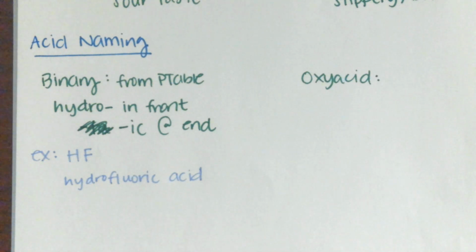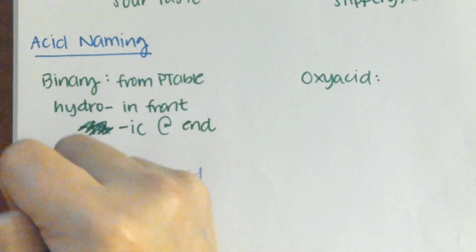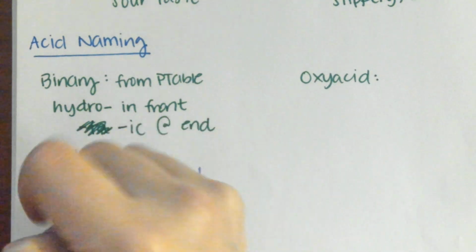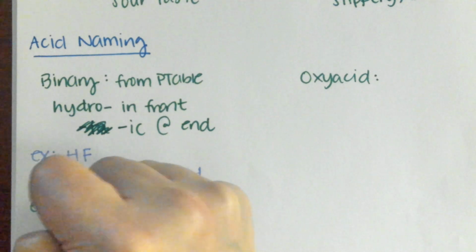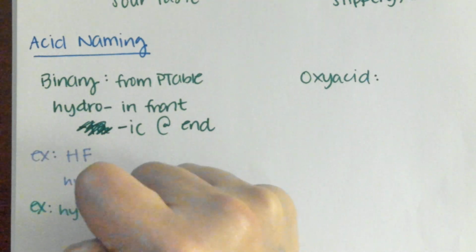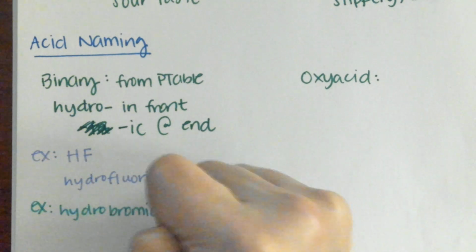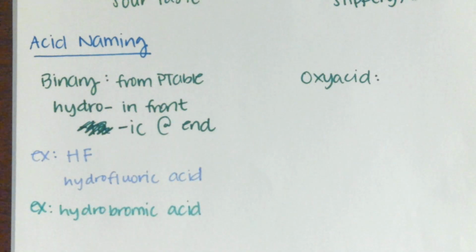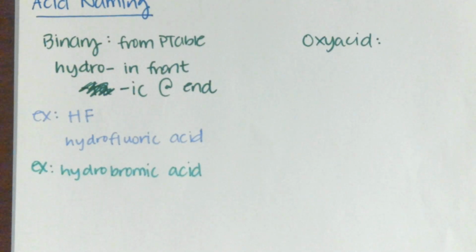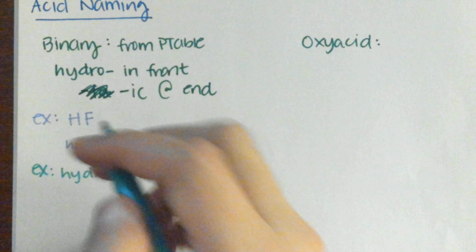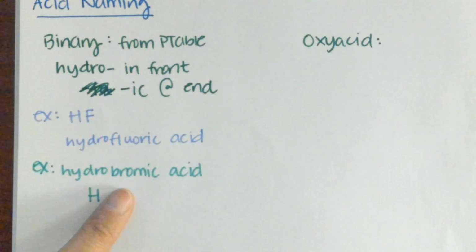And then if we do it the other way around, let's say I give you hydrobromic acid, you do your symbols. So H for hydro and then bromic.